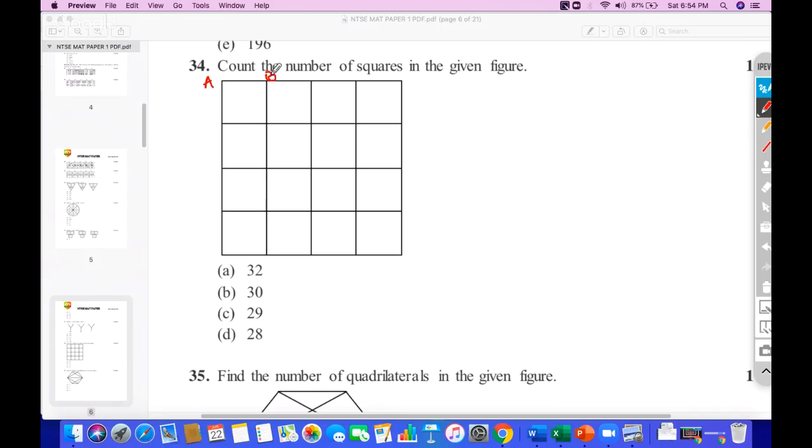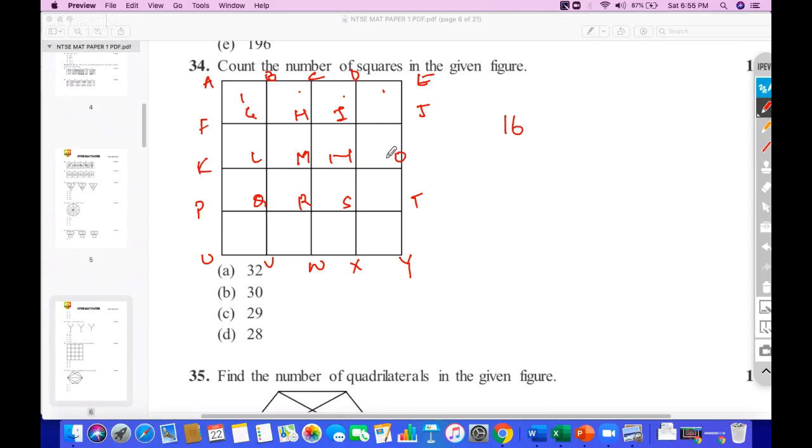So A, B, C, D, E, F, G, H, I, J, K, L, M, N, O, P, Q, R, S, T, U, V, W, X, Y. So simplest squares are 1, 2, 3, 4. So 4 into 4, 16. So 1 into 1, I have taken 4.